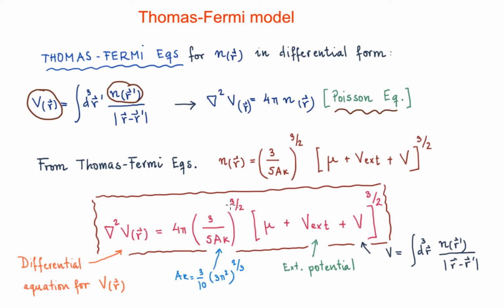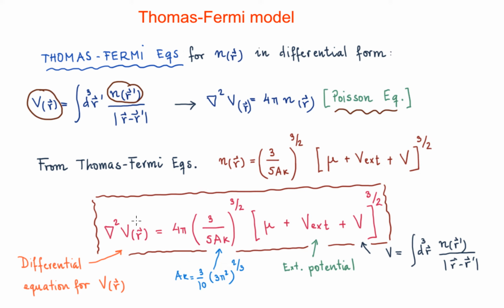So this equation, which was derived from the integral Thomas-Fermi equation that we derived before, is just a differential equation that the induced potential is satisfying, because here the unknown is V, the induced potential.